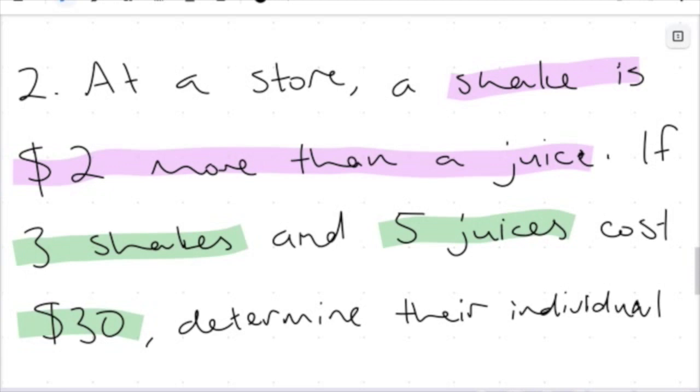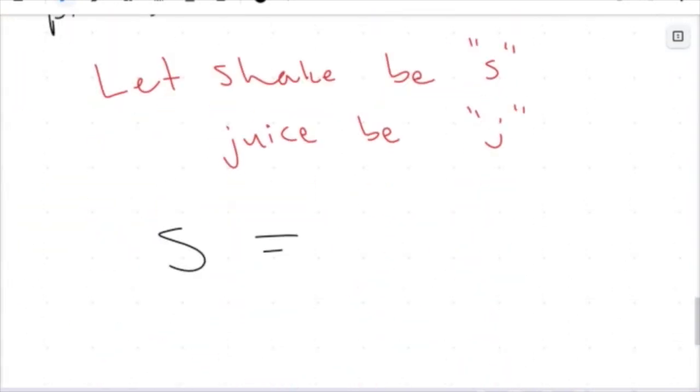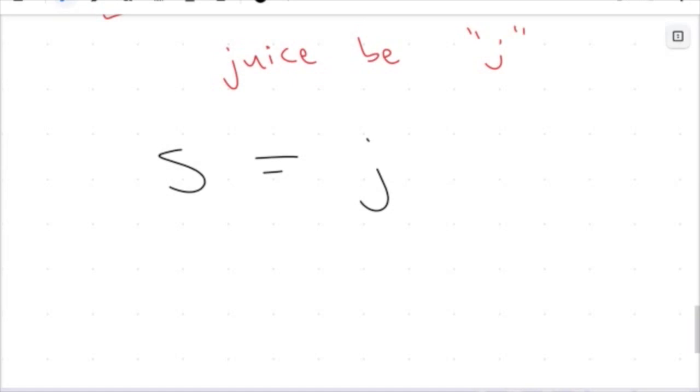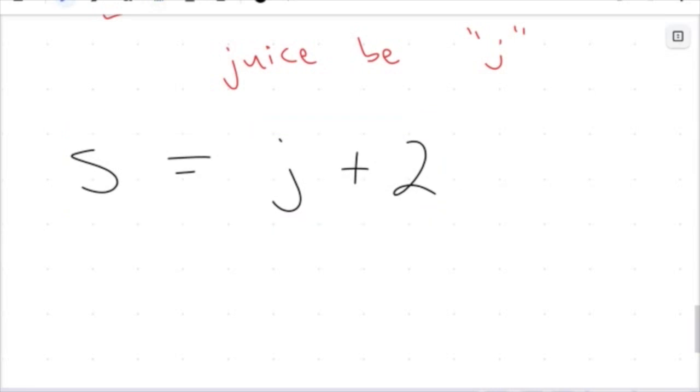That's what we're being told here. A shake is $2 more. So whatever the juice costs, that price, we're just going to add $2 to it. So we can write the shake as the juice plus 2. And that is our first equation.